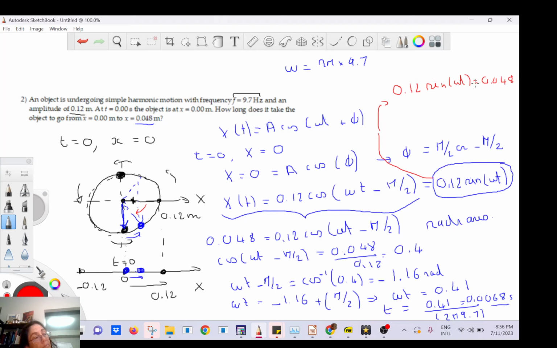Okay, that's what I did. So sine omega t equals 0.4. So in that case, the angle has to be positive, and you find t equals 0.0068 second. Of course it's easier, but it's still nice to understand what's going on.